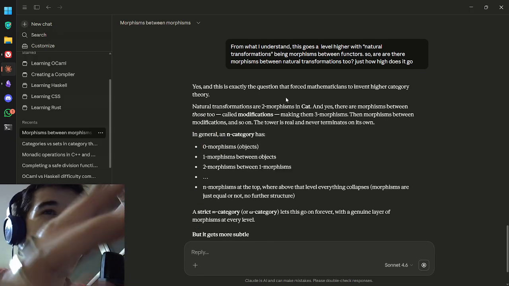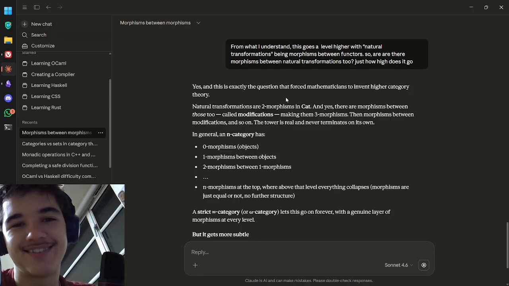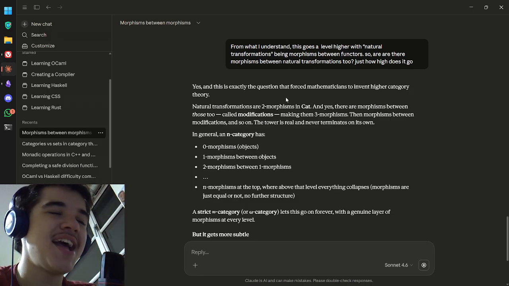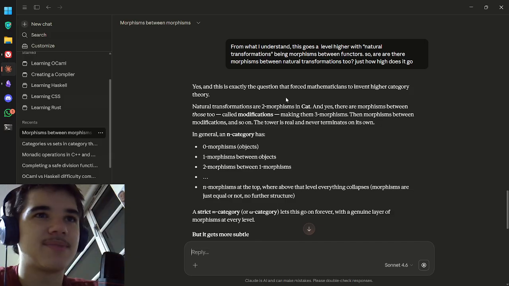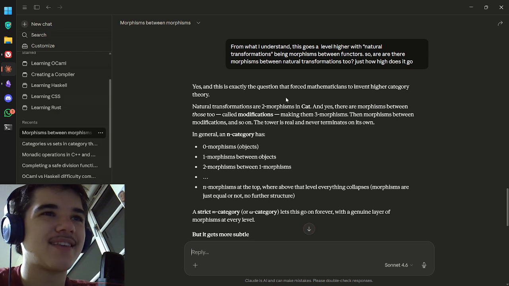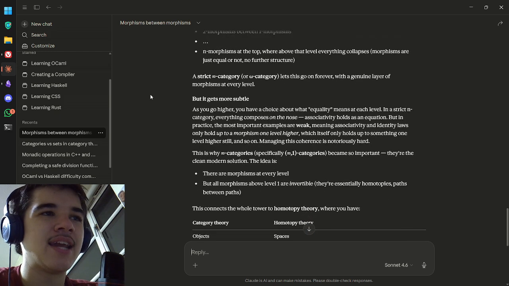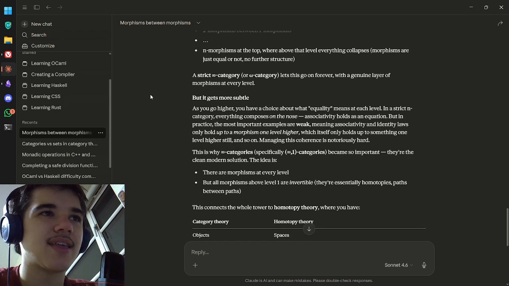Are we joking? Higher category theory, dude. I love this. I actually love this. Natural transformations are two-morphisms in Cat, and yes, there are morphisms between them too, called modifications. Three-morphisms. The tower is real and never terminates. Wow.